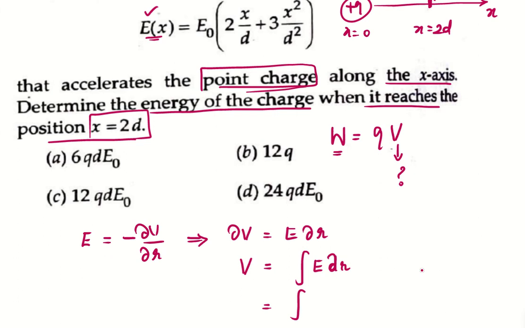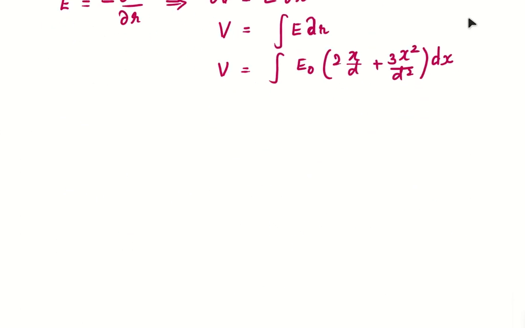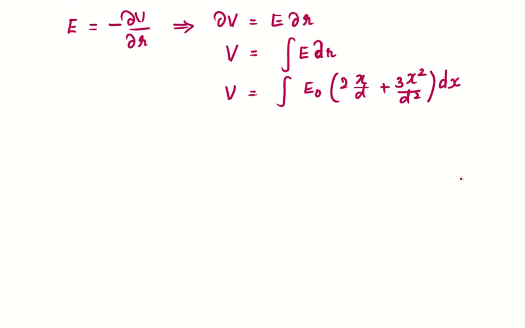That's it. So let's substitute that electric field here. E is E naught times 2x by d plus 3x squared divided by d squared, and here everything is a function of x, so we can integrate with respect to x. So that is V. So let's do this integration.